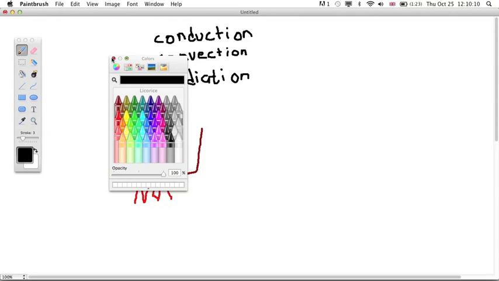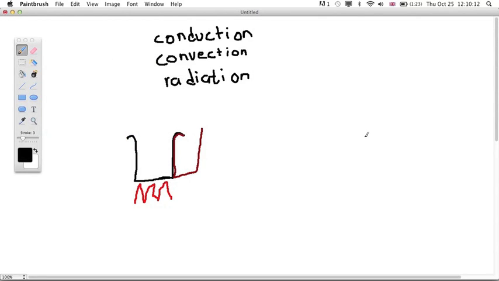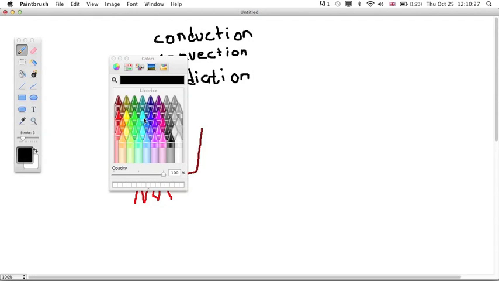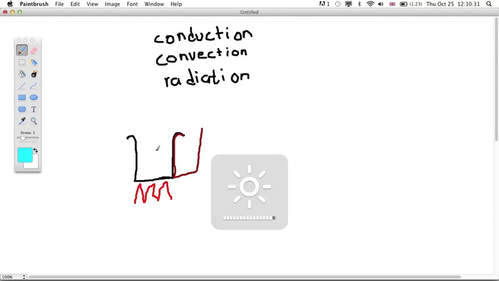Next we have convection, which you wouldn't have heard about, but we all know that hot air rises. What convection does is, we can use the same example of this. Let's say there is water in here, and we want the water to get heated.